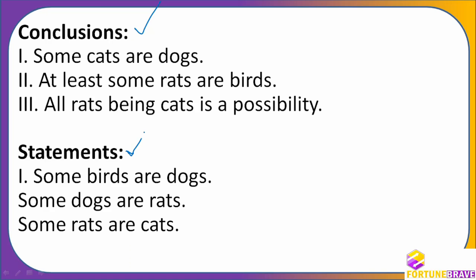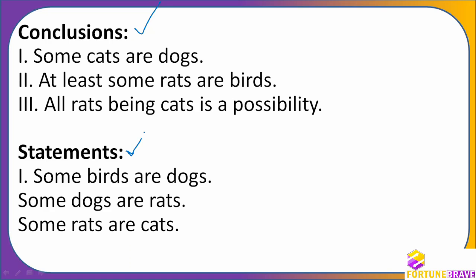Now we are not finding the conclusions that can be followed from the statements. We are given the conclusions first, and then we have to see which statements can make these conclusions true. Getting my point? We have to first understand the conclusions and see whether the set of statements fits.